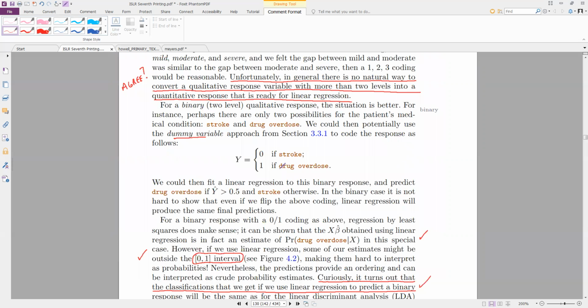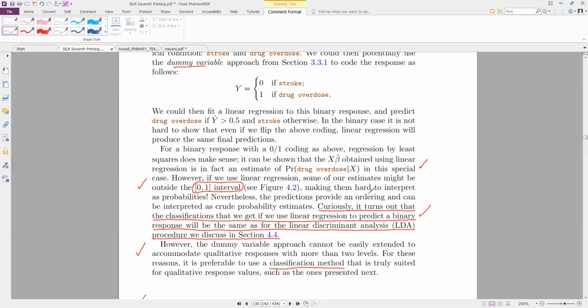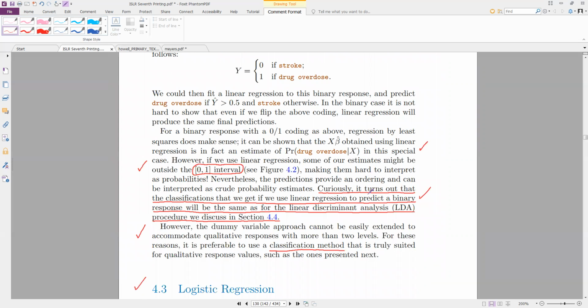So let's consider the case of the binary variable. We have the dummy variable with this binary, 2 categories, 0 if stroke, 1 if drug overdose. You may want to categorize into those. What's the problem with using linear regression? The problem is that some of our estimates will be outside of the 0-1 interval.